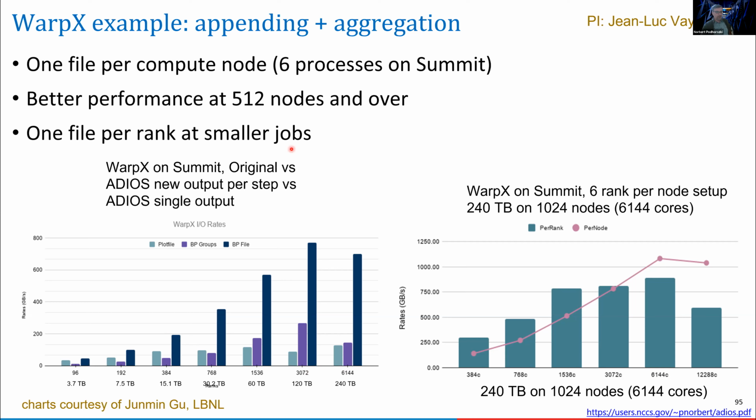But by appending all the steps together, we got much better performance for a long run. And then doing the aggregation properly, we could sustain over a terabyte a second when we went over 1,000, 2,000 nodes. So these are the two things that the applications had to watch out for, to not ruin their I/O performance on this particular machine, right?